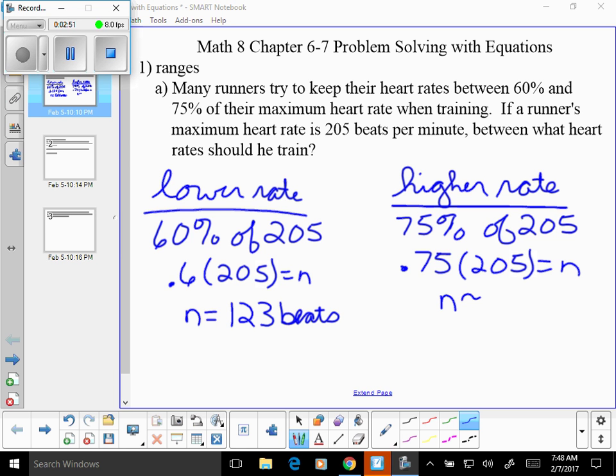Now, this one comes out to be 153.75. So we're going to round that up to 154 beats, since the 0.75 is over 1/2. So this is the only example I have of using ranges, since it should be fairly self-explanatory for you.